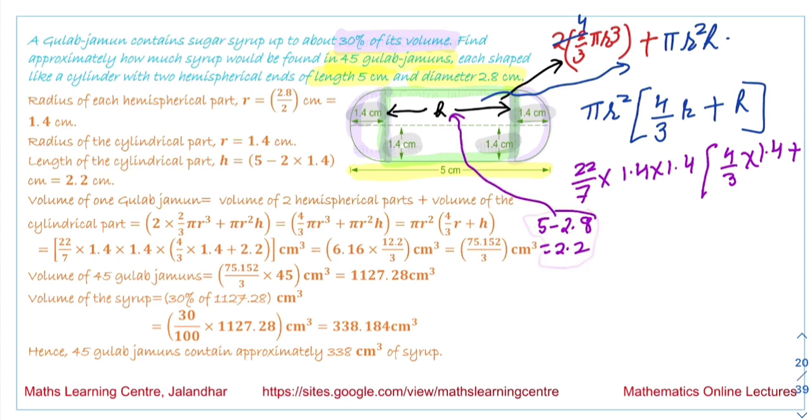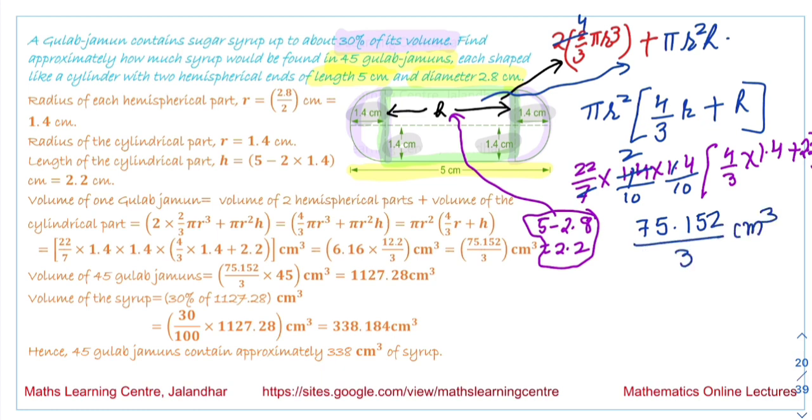This value of h comes out to be 2.2. On solving these values, if we remove these decimals, it is upon 10, and this 7 2s are 14. And when you solve all these values, you will get that the volume is 75.152 by 3 centimeter cube.